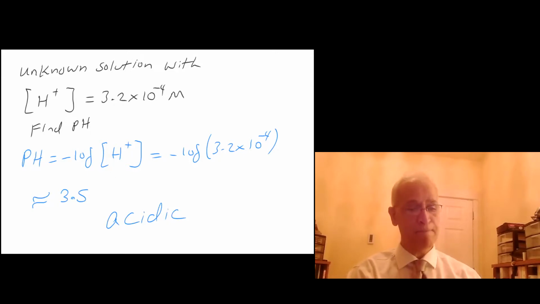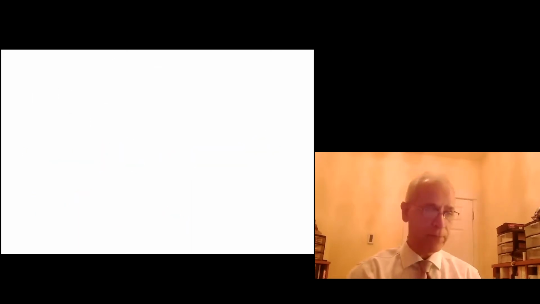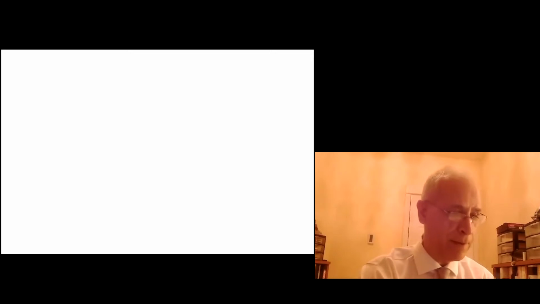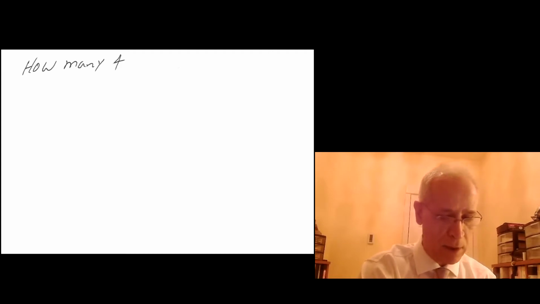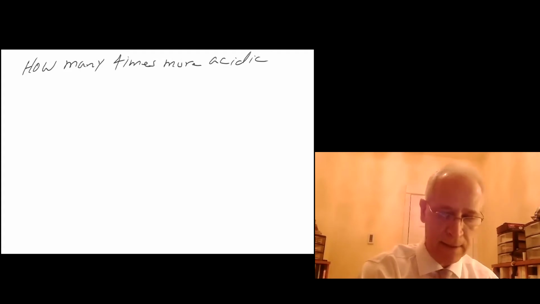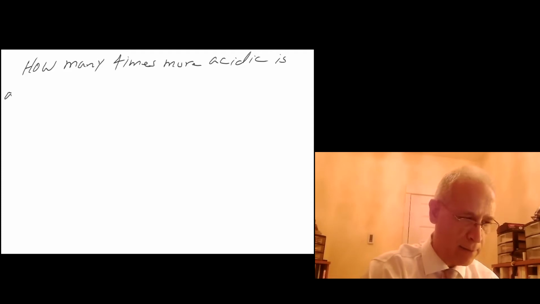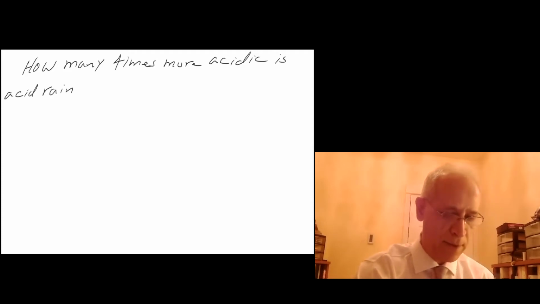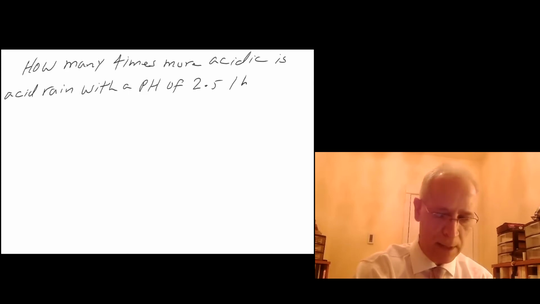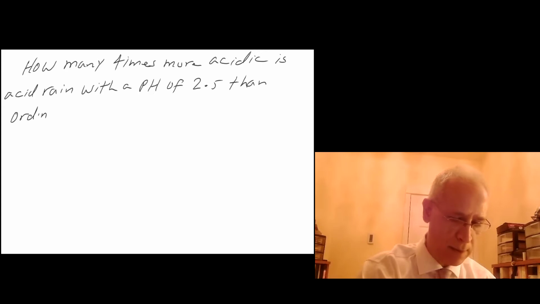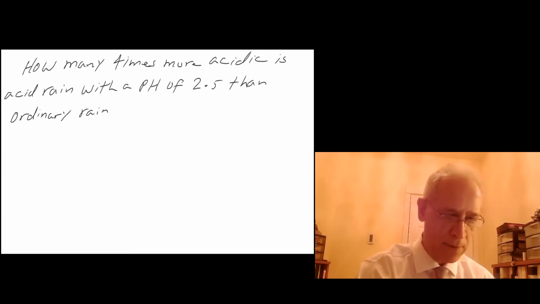Let's do one really interesting example. The question in this example is asking: how many times more acidic is acid rain with a pH of 2.5 than ordinary rain with a pH of 6?